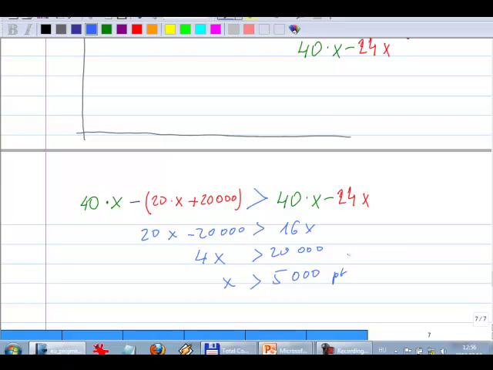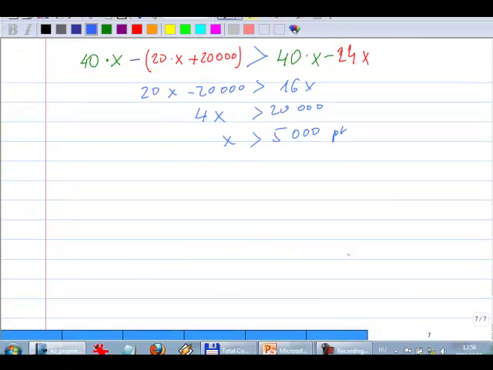Is it true? Is it true for every situation? Which situation not? We need 2,000 units. What is the decision?